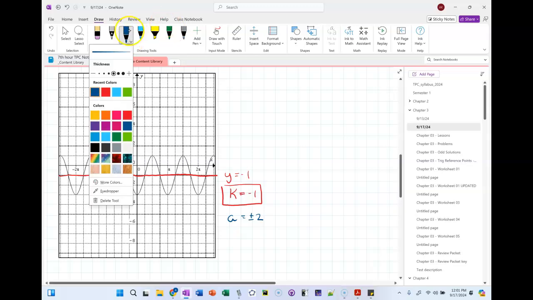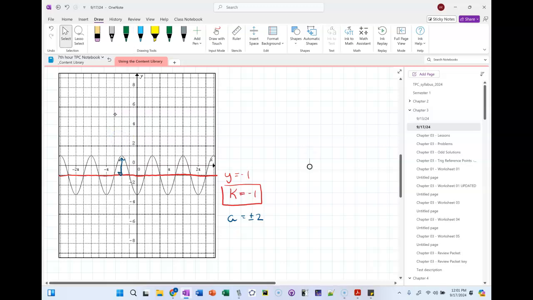Okay. Who can tell me the period? That looks like 1 cycle to me, right? Good.